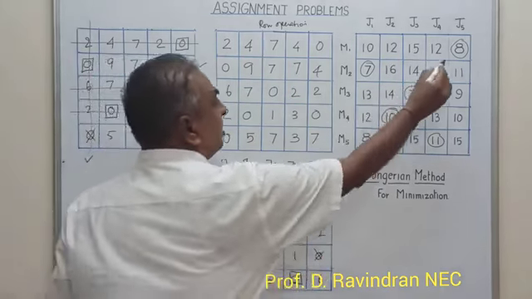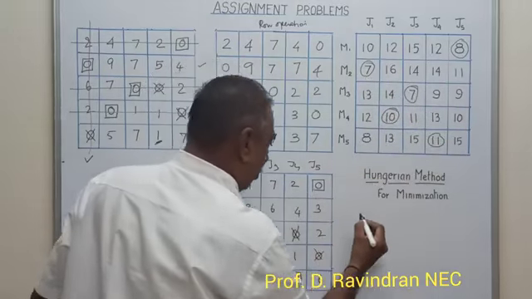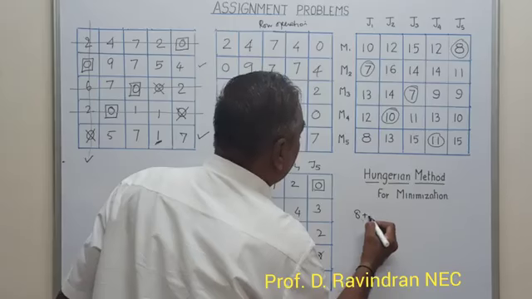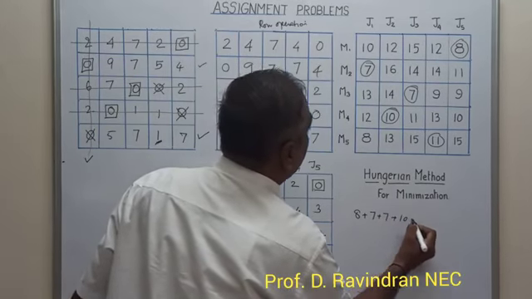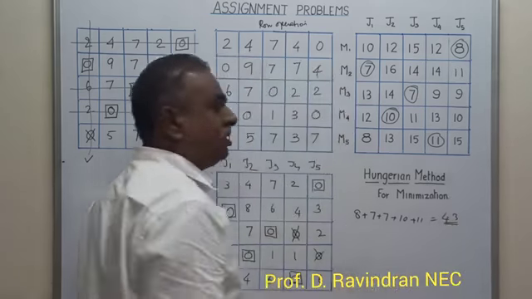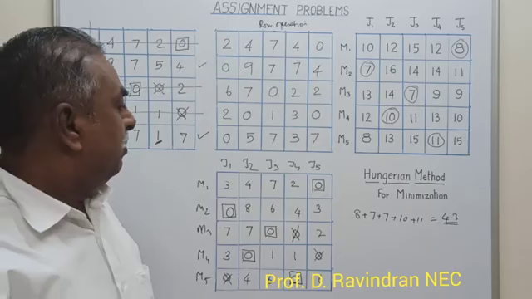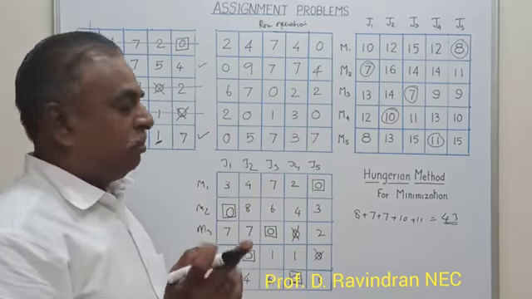The allocation costs here are 8, 7, 7, 10 and 11. So the minimum processing cost is 8 plus 7 plus 7 plus 10 plus 11. The total comes to 43 units of cost. So this is going to be the minimum cost when we allocate the jobs to machines on a one-to-one basis.